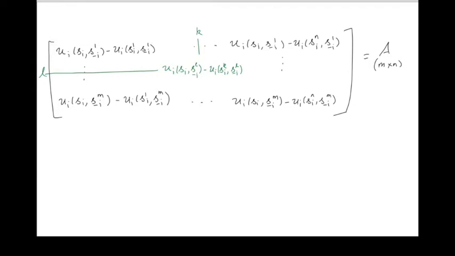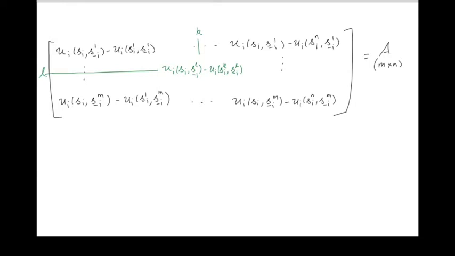Each entry in this matrix, so if we look at the LK entry, is the difference between the utility you get from playing strategy SI and playing strategy SIK. So you either play strategy SI, the strategy that we started with, or the kth strategy, when we've enumerated all the strategies.